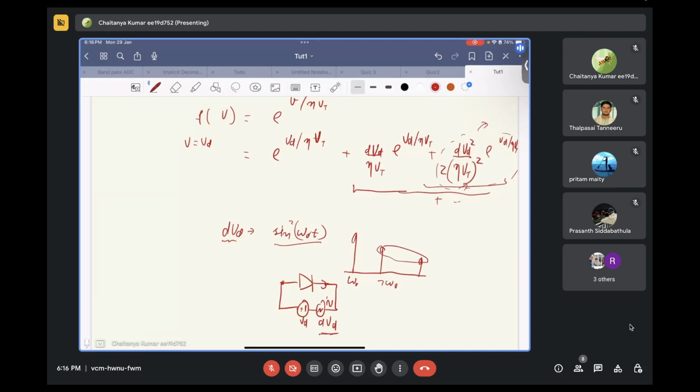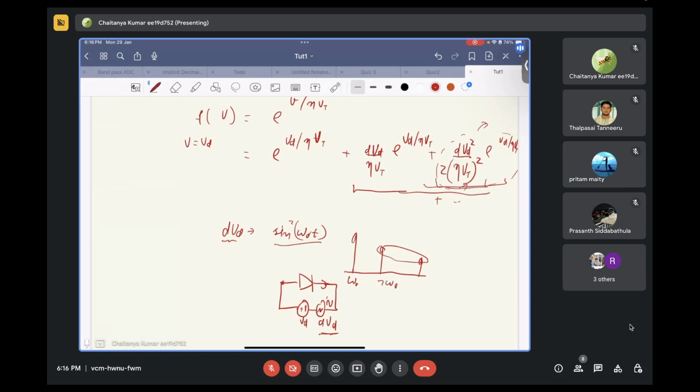Generally when you design systems, it's not a black and white thing, that your system is either linear or not linear. It's always a gray area. The system will always be non-linear, because these terms won't go to zero. They will go to a very negligible value, but not zero.